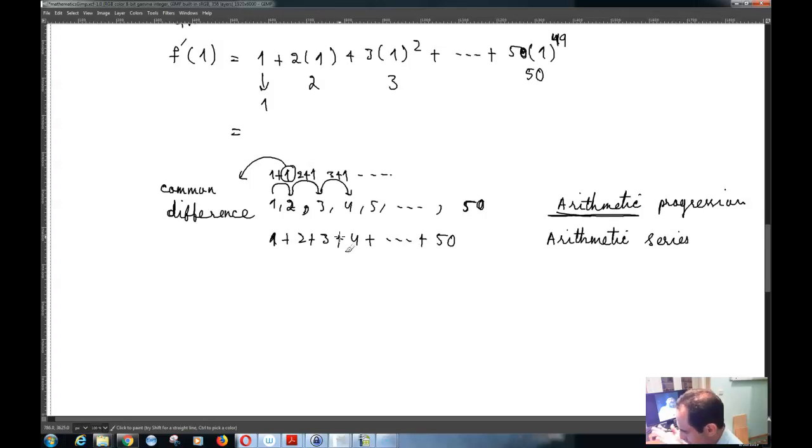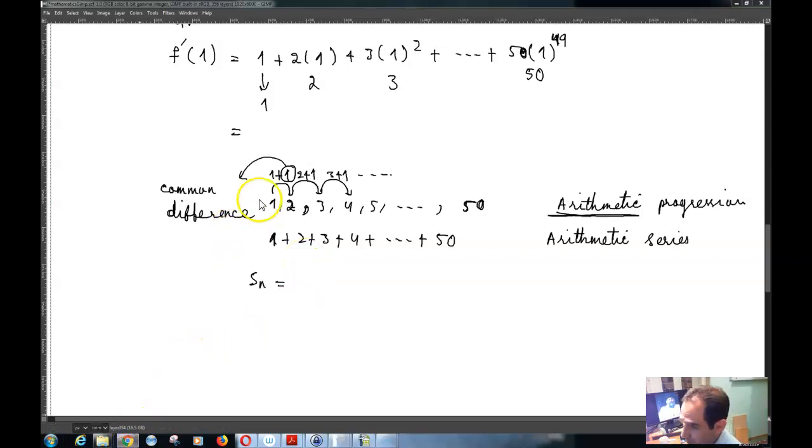I have forgotten how to derive that formula, but I know that the formula is S of n is equal to, I don't know, n divided by 2.